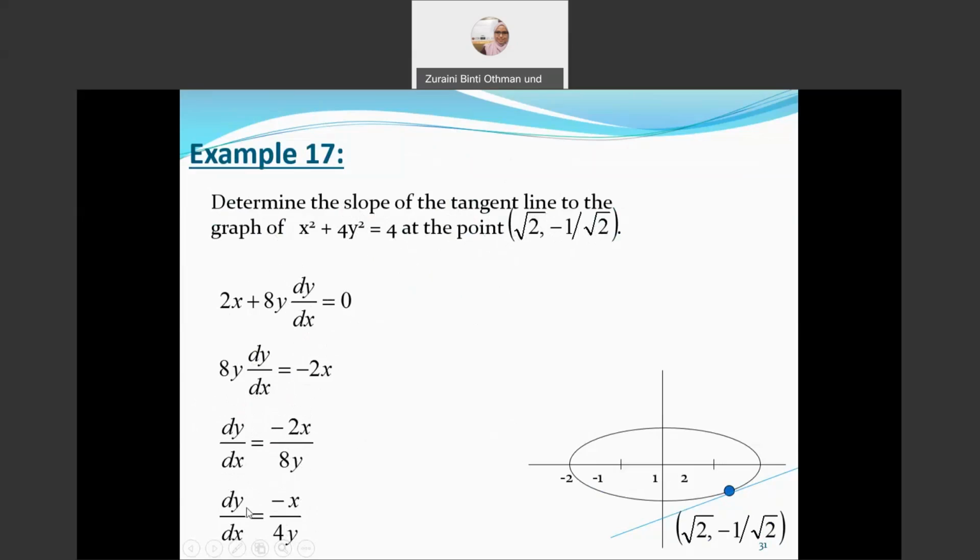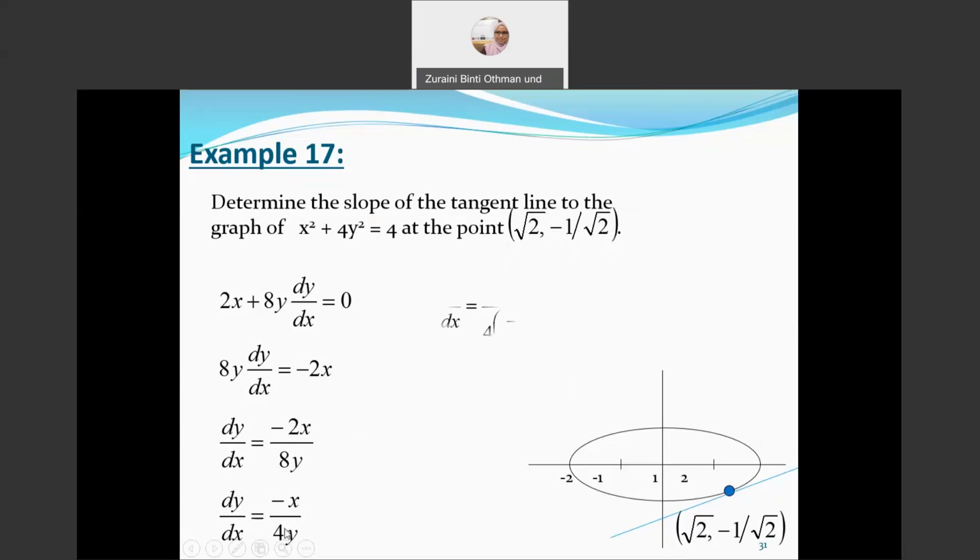So if we have this kind of slope dy over dx, then we simply substitute the x and y values, with square root 2 as our x and negative 1 divided over square root 2 as our y.